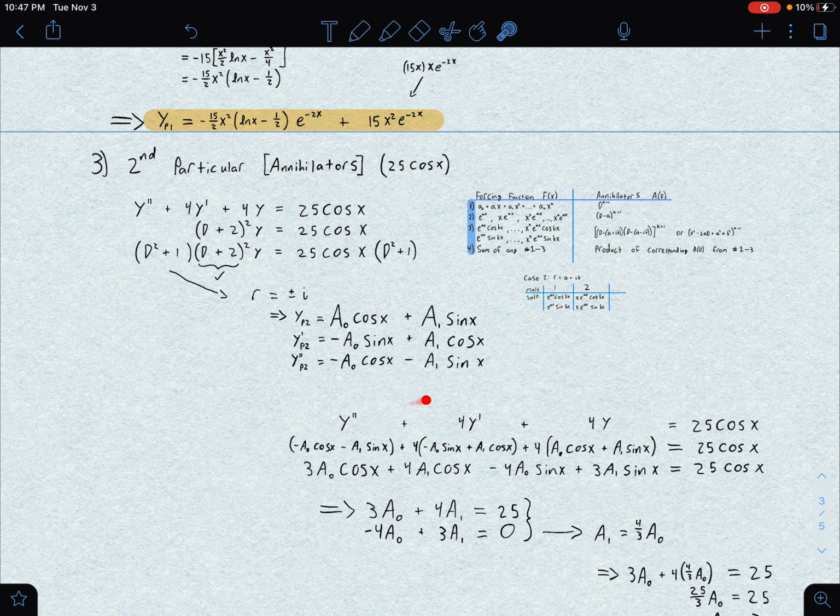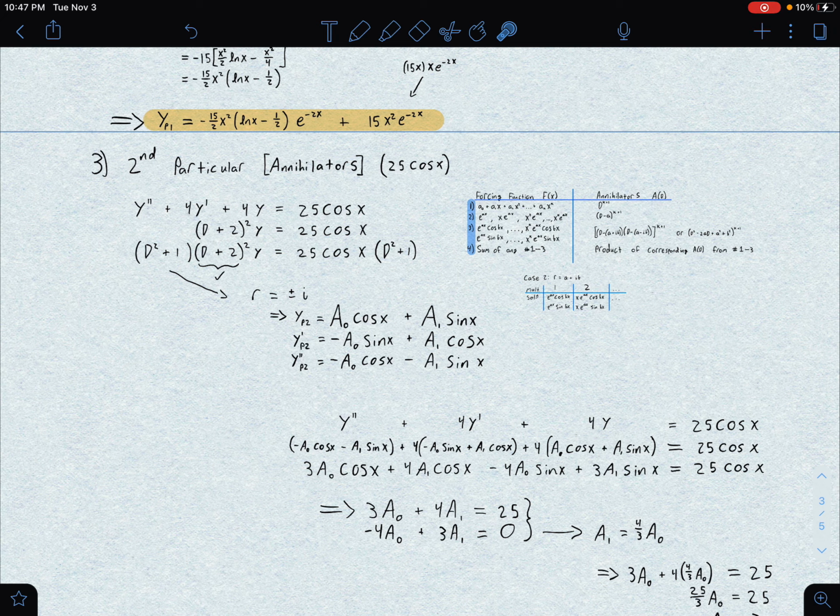So I rewrote this down here, so it's easier to see how everything plugs in. So we get this as our y double prime, this is our y prime, this is our y. And when you distribute and combine like terms, you get 3a naught cosine x plus 4a1 cosine x minus 4a naught sine x plus 3a1 sine x equals 25 cosine x.